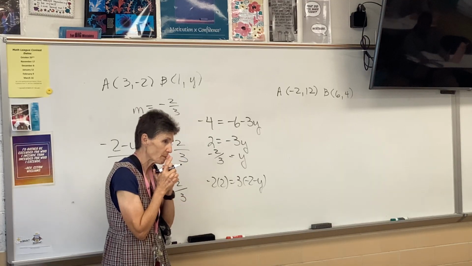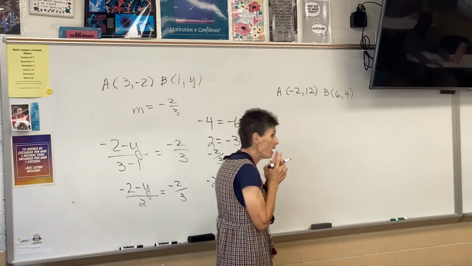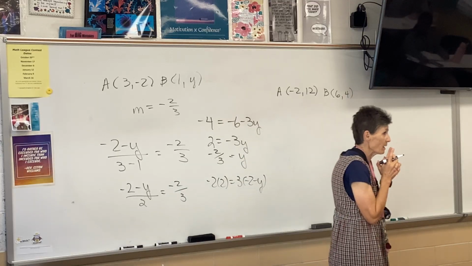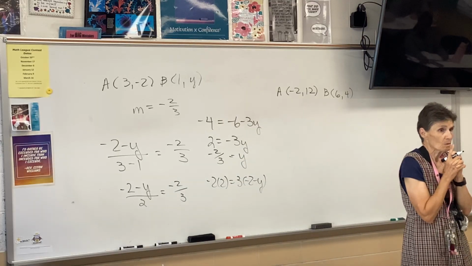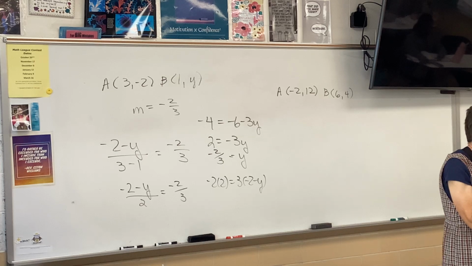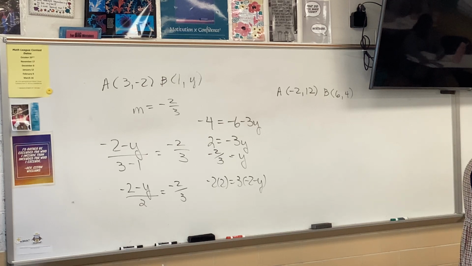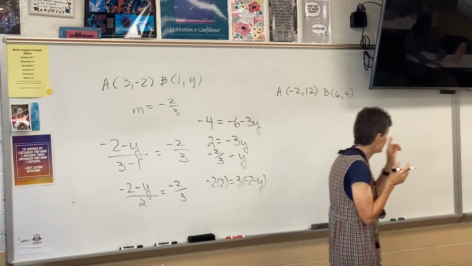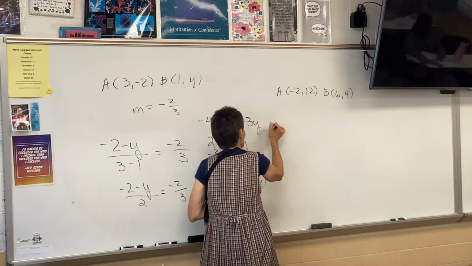Actually, we kind of already talked about it. A line is y equals mx plus b, right? So what's that m stand for? If you're going to write the equation of a line, you need the slope? Do we know how to find the slope? Yes. All right, let's do it.